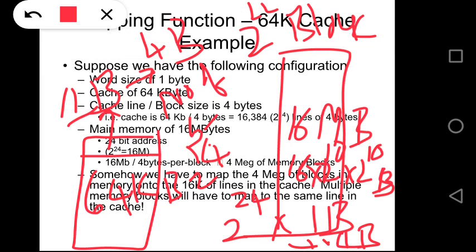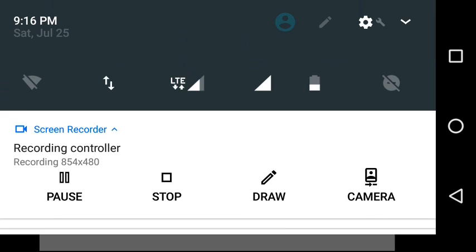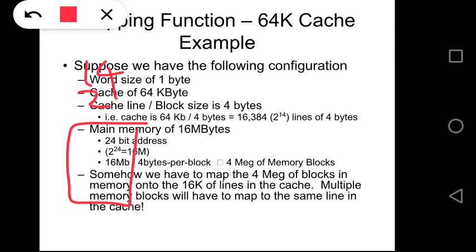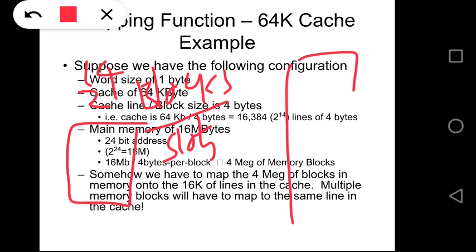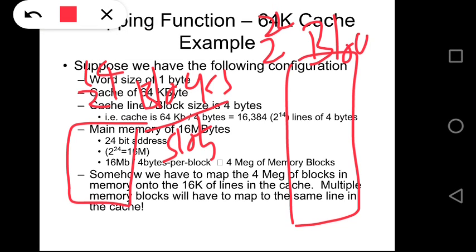Now ultimately the main memory contains 2 power 22 blocks, and the cache memory contains 2 power 14 slots. So ultimately what you should understand is that the cache contains 2 power 14 blocks, or you can call them slots, and the main memory contains 2 power 22 blocks.